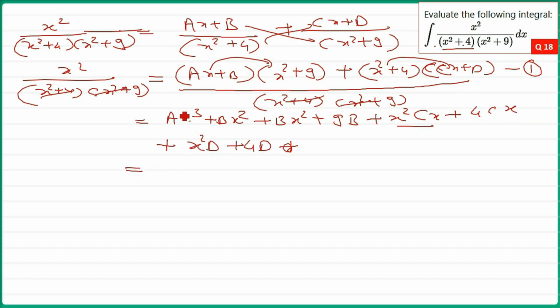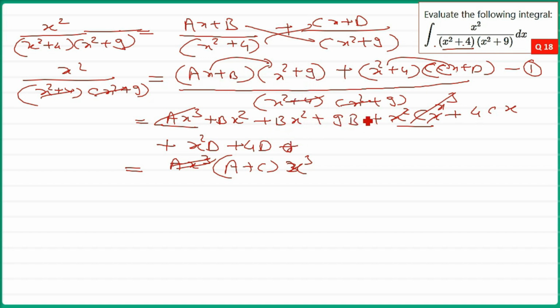Now collect the term with x³, collect the term with x², then x, then constant. So one is ax³. If you remember, x² was also multiplied by cx, so cx³ it is. Combine these two, ax³ and cx³, so (a + c)x³ will be the first term. Then we have bx² and dx², that will be one term.